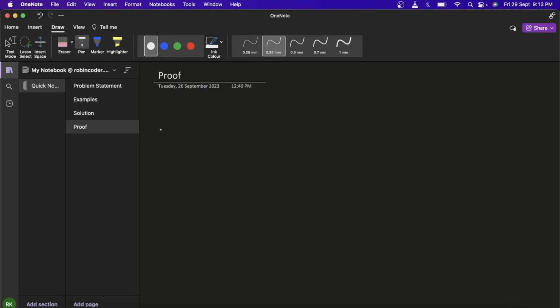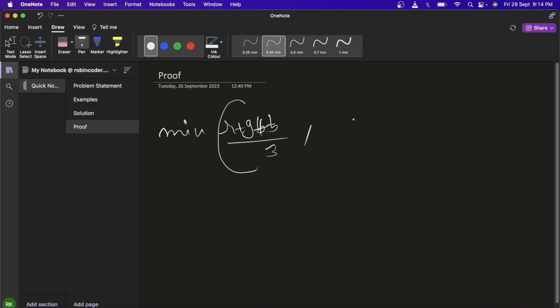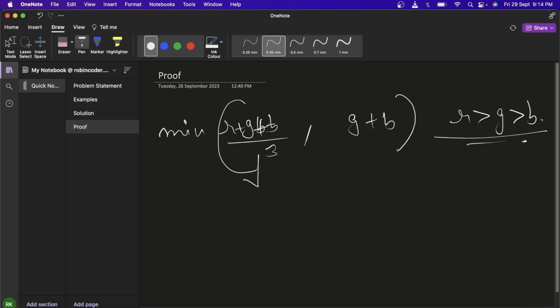So for the solution, I had assumed that the answer would be the minimum of (R plus G plus B) upon 3 or G plus B, in case when R is greater than G greater than B, right? So why did I assume that this can be a solution?